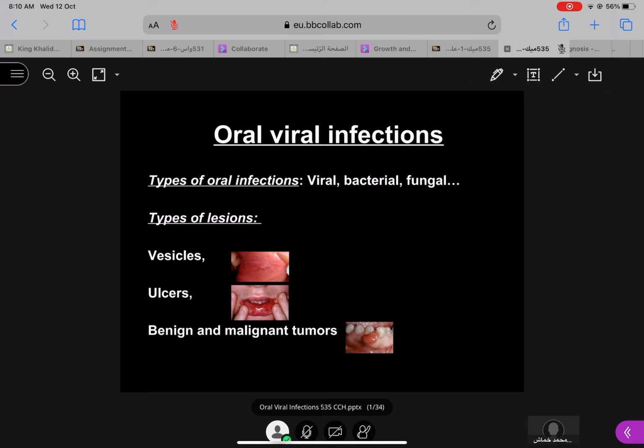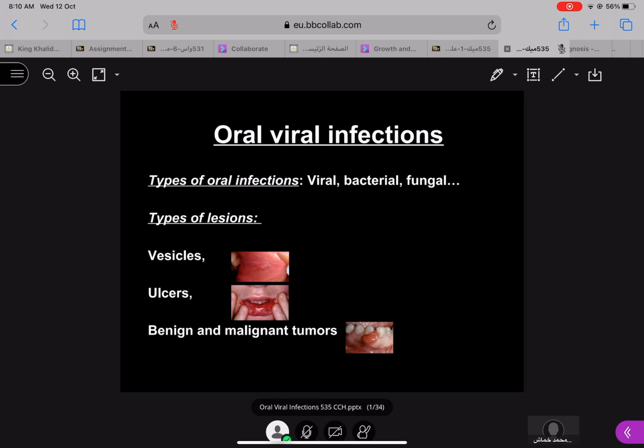And in DNA viruses, we have single strand and double strand. Also, in RNA virus, we have single strand and double strand. In RNA, we have a single strand positive sense and single strand RNA negative sense.